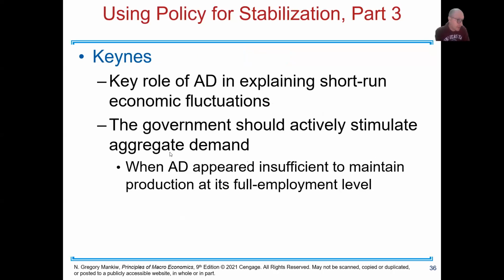This is a very Keynesian type of theory, using policy to stabilize things, using aggregate demand to explain short-term economic fluctuations. The government should actively stimulate aggregate demand where needed, but of course, the idea is to maintain full employment levels.